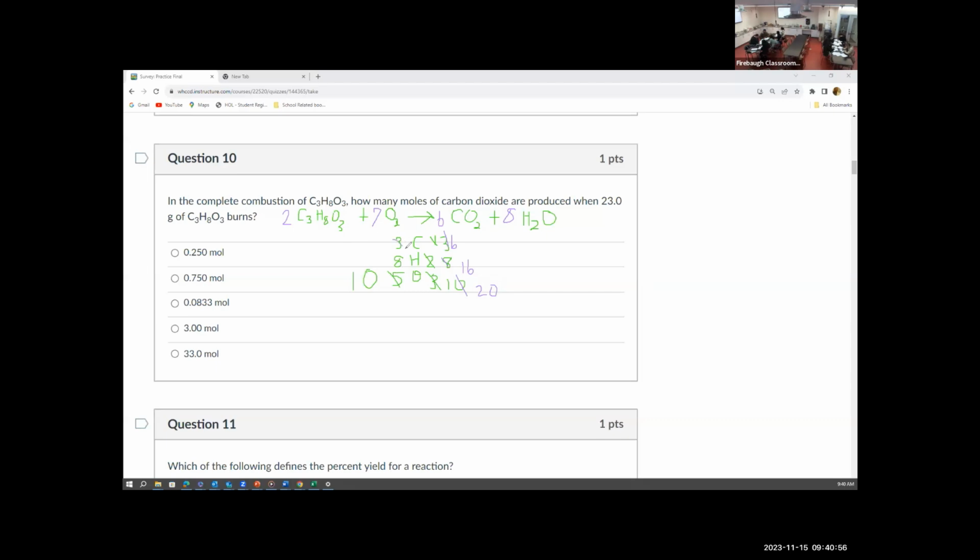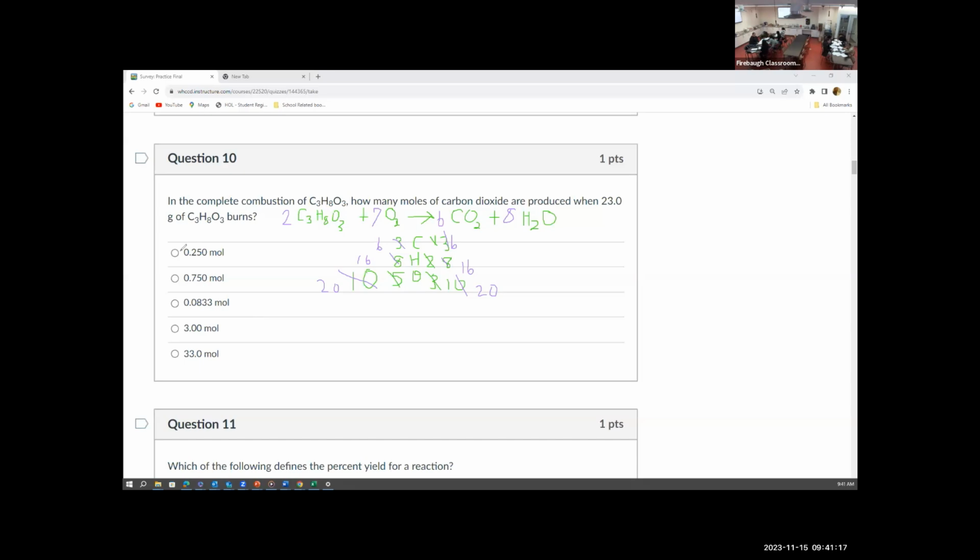And then over here, we have 6, 16, 20. Okay, so we're good on both sides. So now that I'm good on both sides, I have a balanced chemical equation.